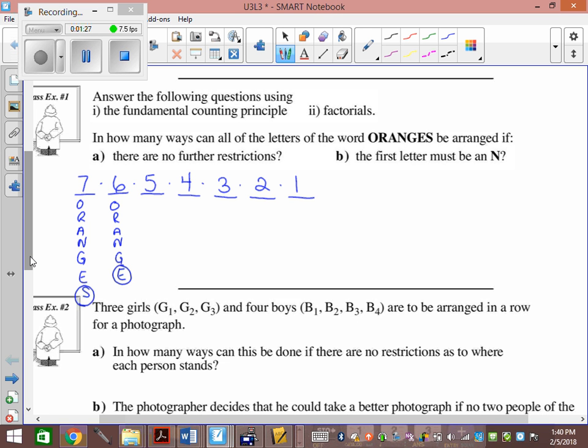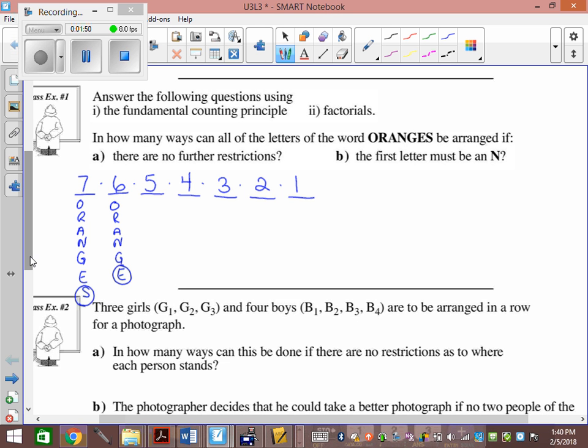Now, when you start with a number and multiply by 1 less than it all the way to 1, you can use a factorial symbol. So this is like 7 times 6 times 5 times 4 times 3 times 2 times 1. You can only do it if you go down by 1 all the way to 1. So if you went 7 times 6 times 5 times 4, you couldn't use the factorial symbol. But because we're going to 1, you can.